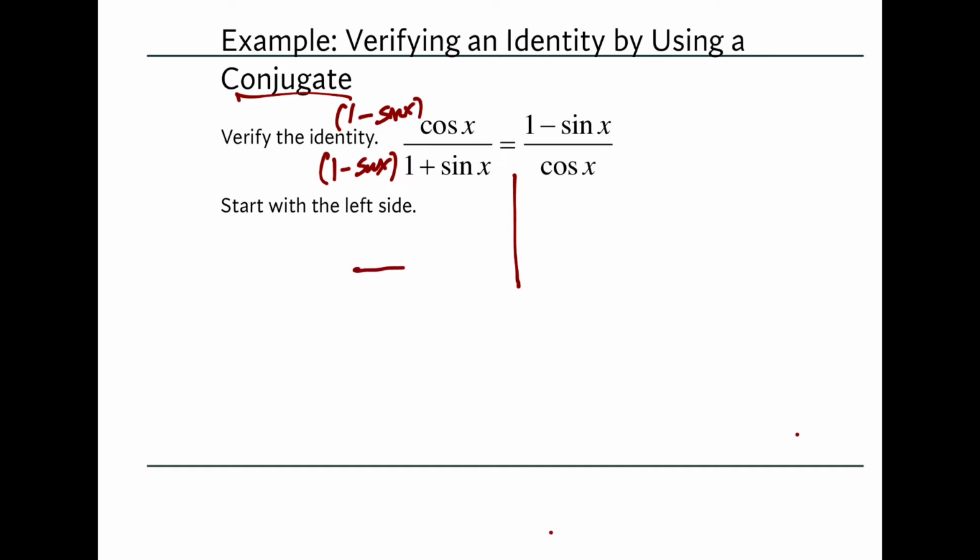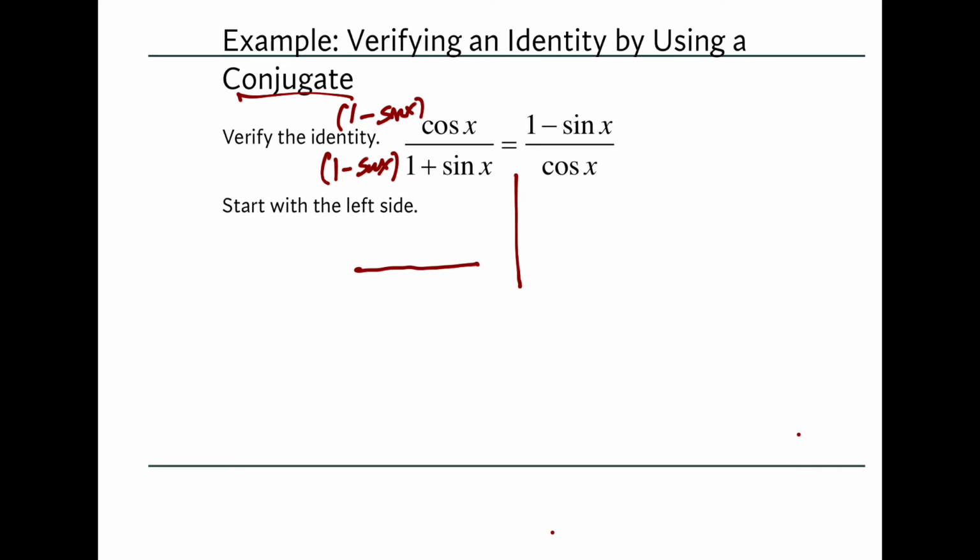This, of course, gives me that really handy 1 squared minus sine squared, or 1 minus sine squared x. And on top, we have cosine x, if I distribute the cosine, minus sine x cosine x.